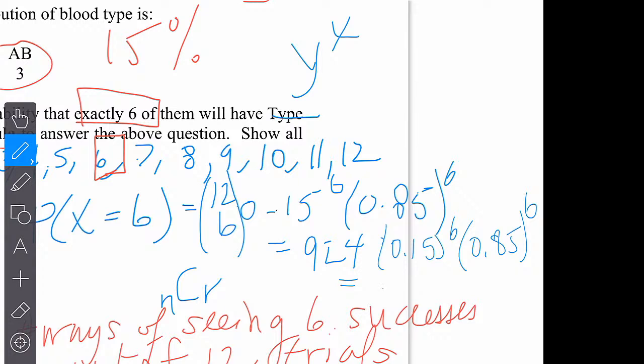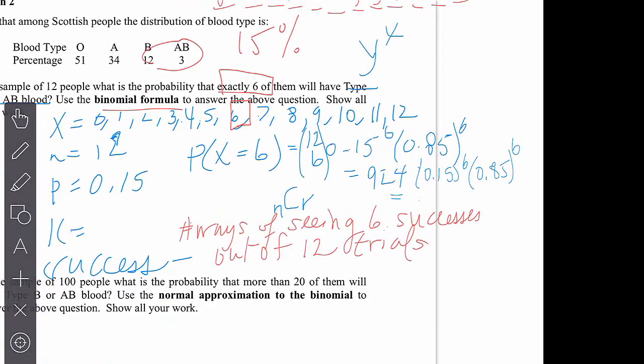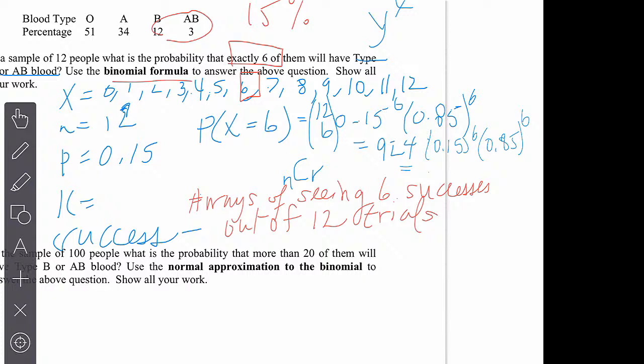So when you solve these, solve them to 4 decimal places. What do you get? Do you get that answer? 0.0040.